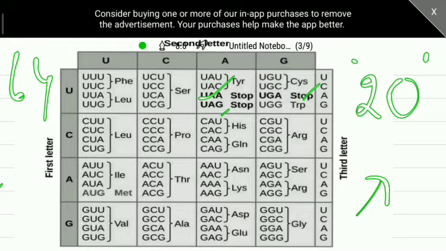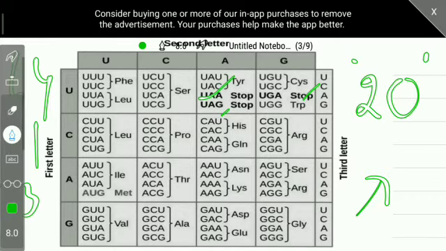Stop means they do not represent any amino acid. So out of 64 codons, only 61 codons are functional, and 3 codons are stop codons. Let us move on to the next slide.